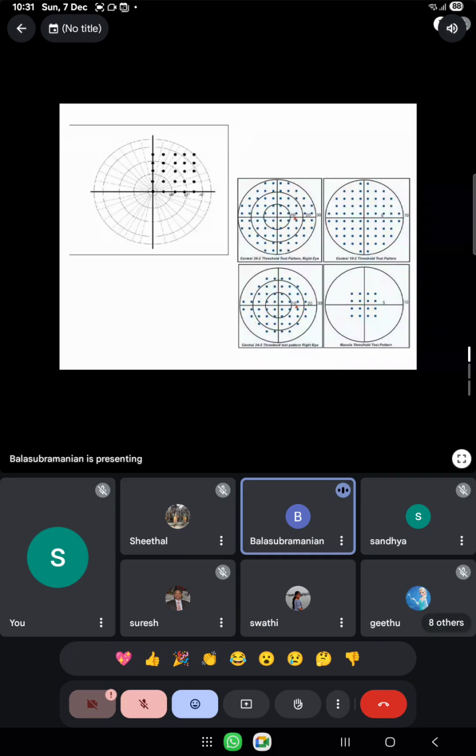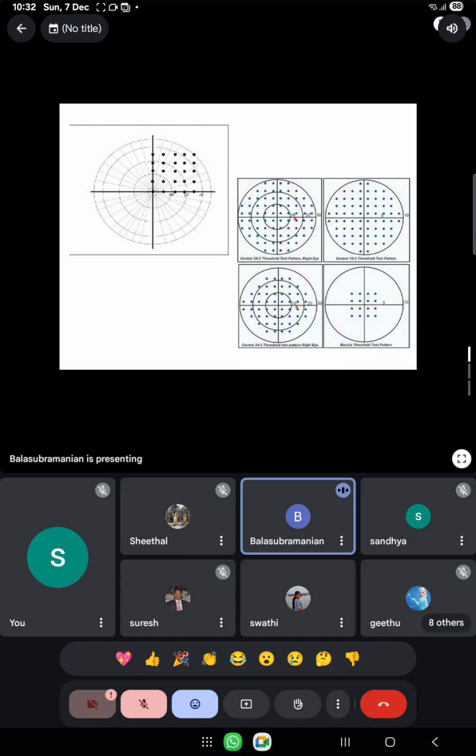When we do a 30-2 test, the number of points is more, and when we do it for both eyes, too many points are tested. But studies have shown that the same results can be derived by doing a 24-2 test: reduced number of points, better patient cooperation, and better results. That is why, after many studies, they have derived that instead of 30, 24-2 is equally helpful.